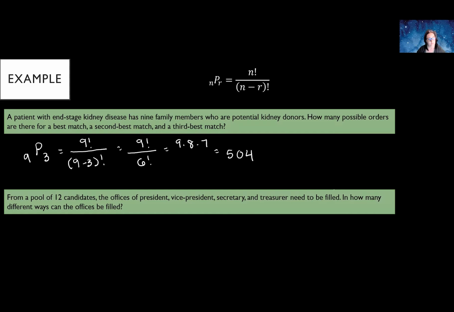Let's say your family members, you've got an aunt, an uncle, and a grandfather, and you want specifically in that order: the aunt is the best match, the uncle is the second best match, and the grandfather is third best match. That is one specific order. And so the probability of that being the order would be 1 out of 504, because there are 504 possible ways that we could have orderings here.